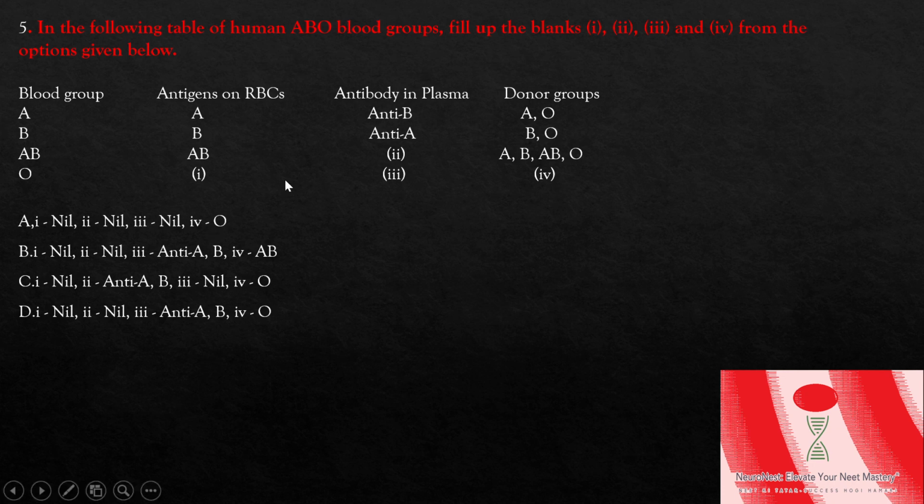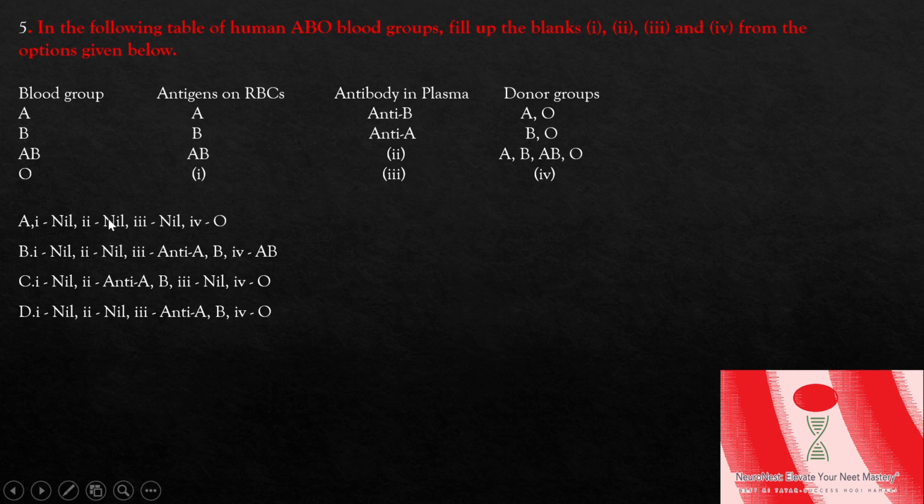Now we have to identify what is 2, 1, 3, and 4. So this is blood group AB. Antigen on RBC is AB, and antibody in plasma, 2. So 2 means nil, because antibody in AB group is absent in plasma.